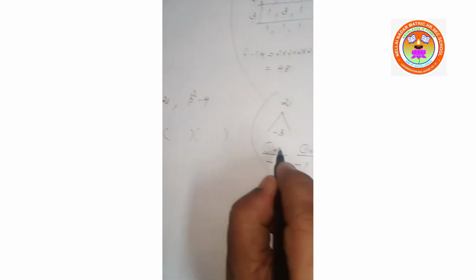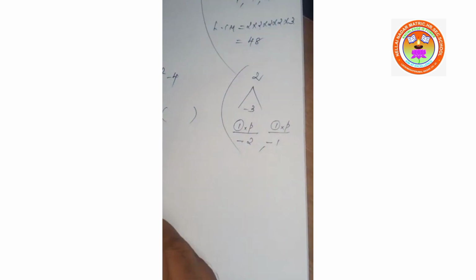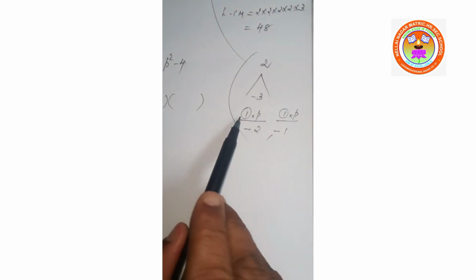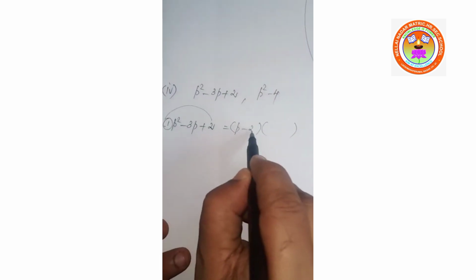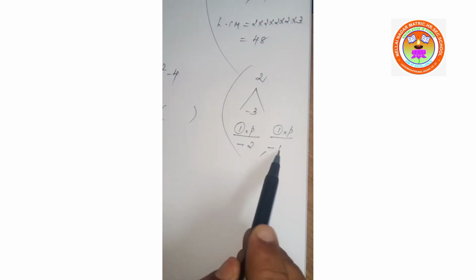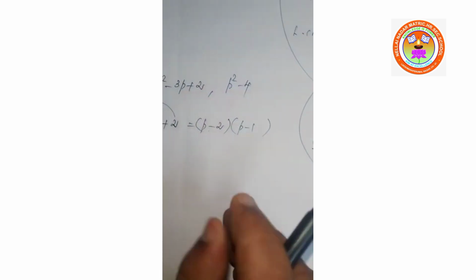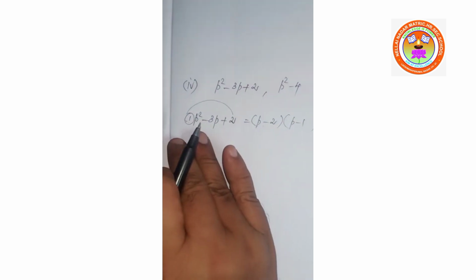So into p. So how to write the factors? Listen. 1 into p, p minus 2. That is the first factor. Second factor, 1 into p, p minus 1. In this way, you have to factorize the quadratic polynomial.